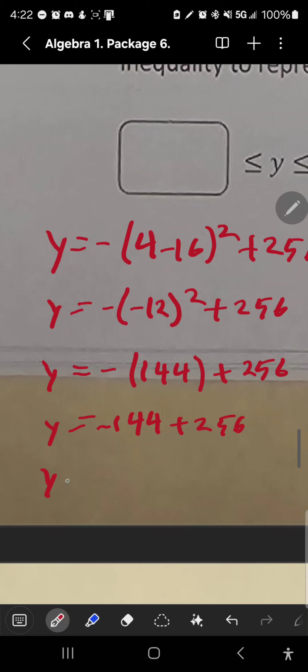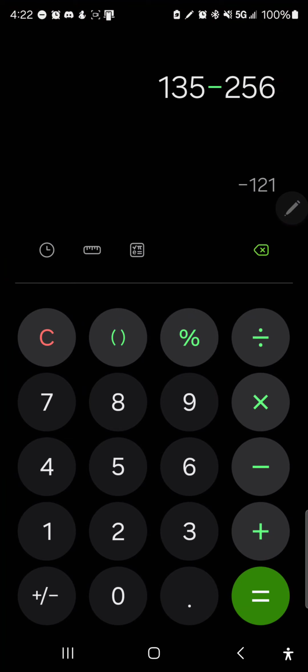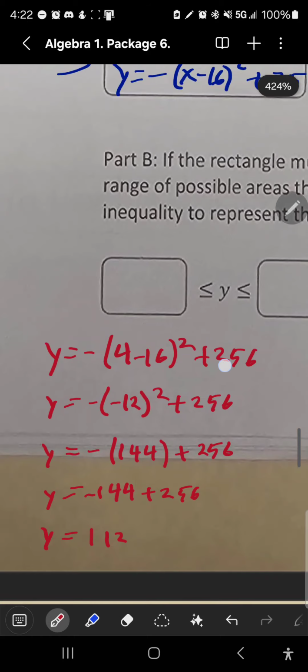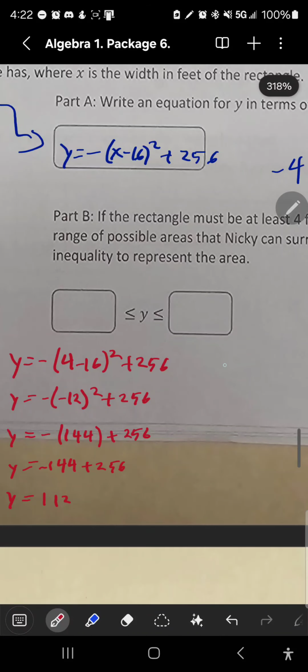And then 256 minus 144, that's 112, I think. Yeah, 112.